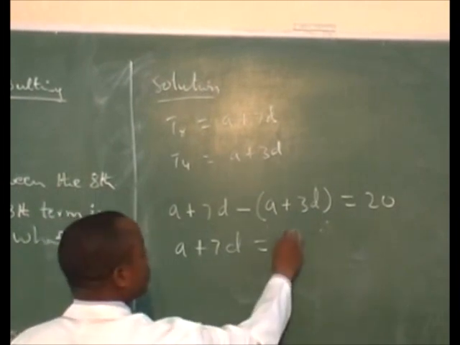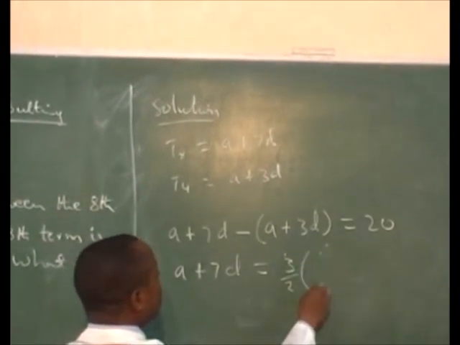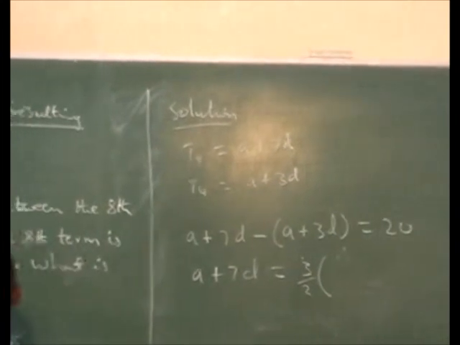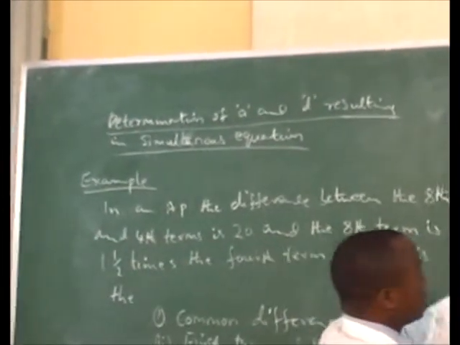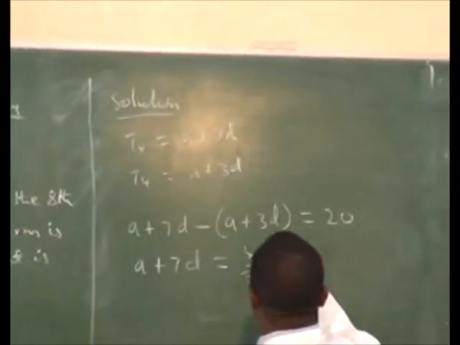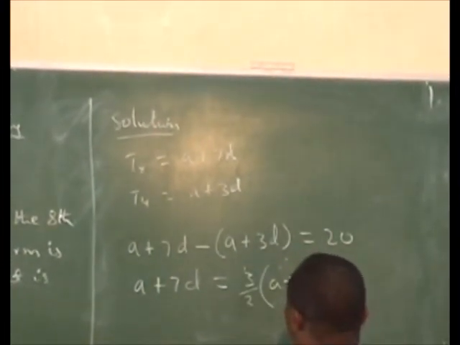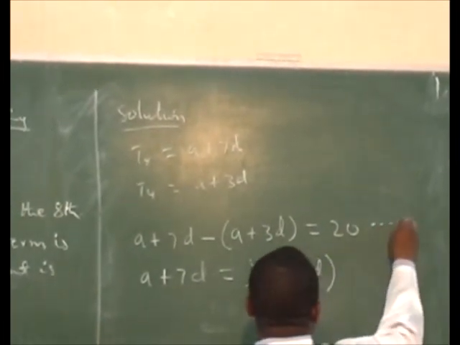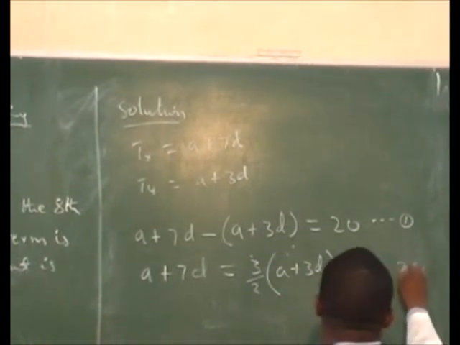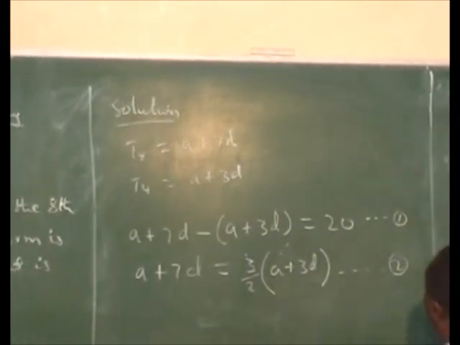So it's equal to 3 all over 2 times the fourth term. So the fourth term is this, we have A plus 3D. Look at that. So now I want to call this equation 1. Also call this equation 2.